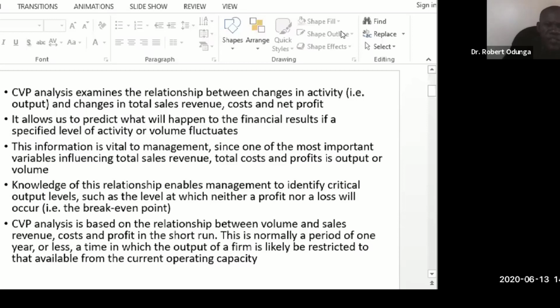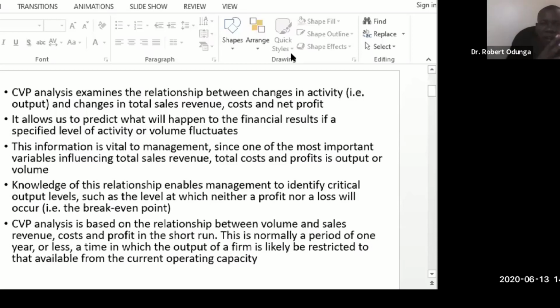Knowledge of this relationship enables management to identify critical output levels, such as the level at which neither a profit nor a loss will occur, i.e. the break-even point. Just as I had explained, the break-even point is a point where we don't make a loss or a profit.